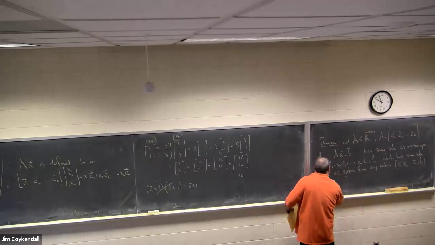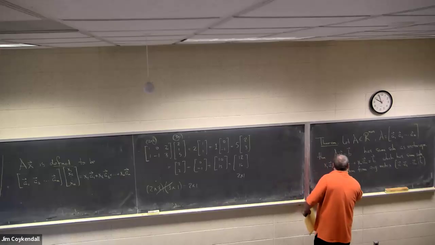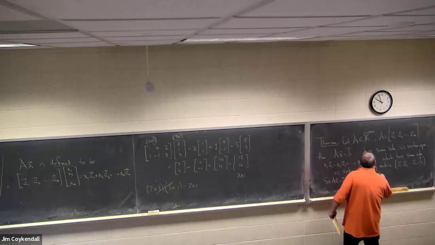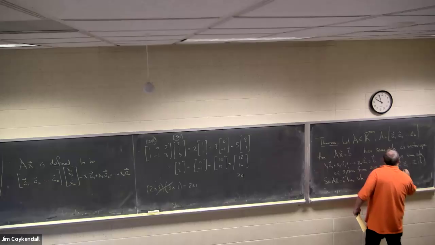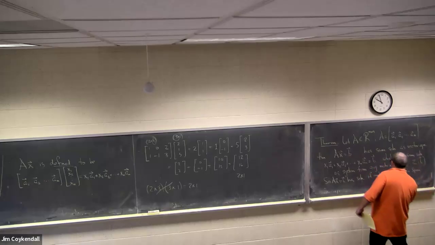So Ax equals b has a solution if and only if b is in the span of the columns of A.